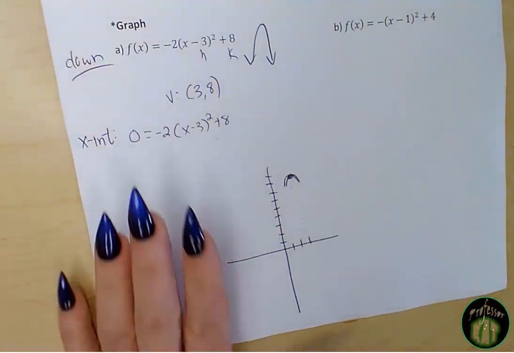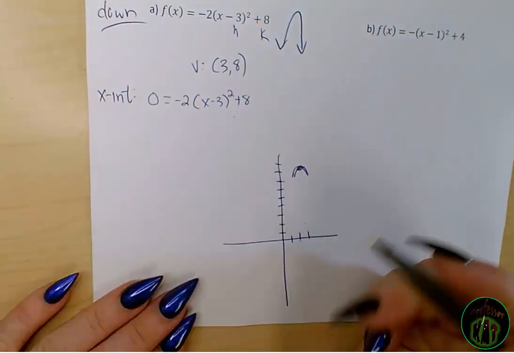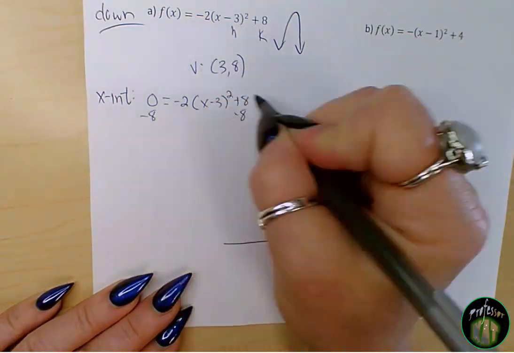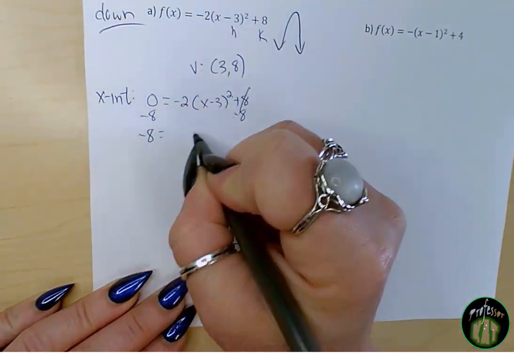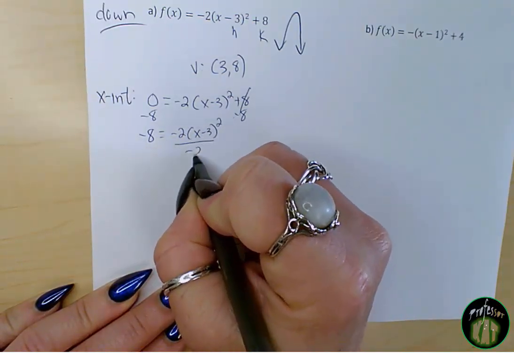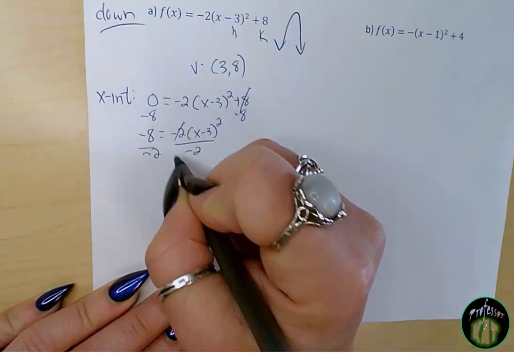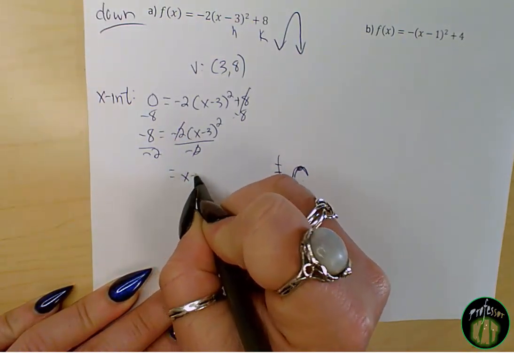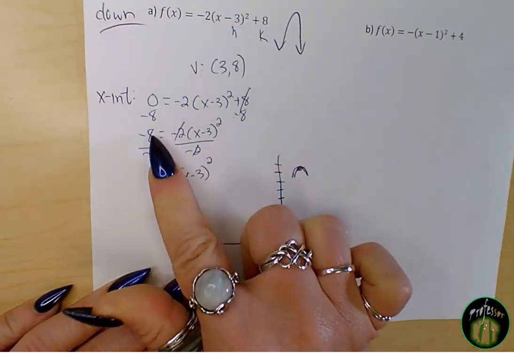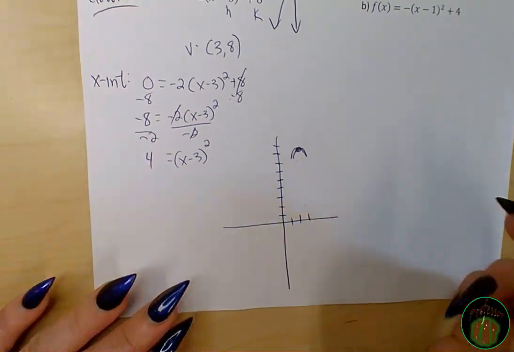Your solutions are going to be your x-intercepts. First, we subtract that 8 to the other side. Then divide by the -2 in front to cancel that out, leaving us with (x - 3) squared on the right-hand side and a +4 on the left.